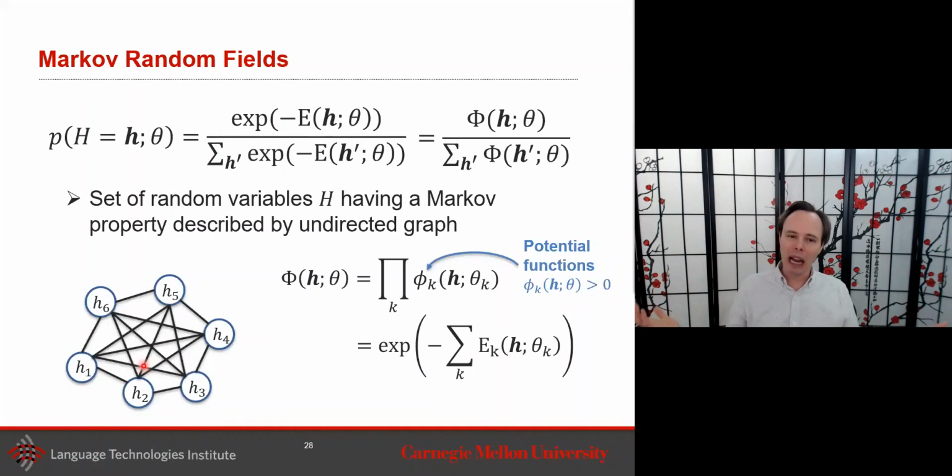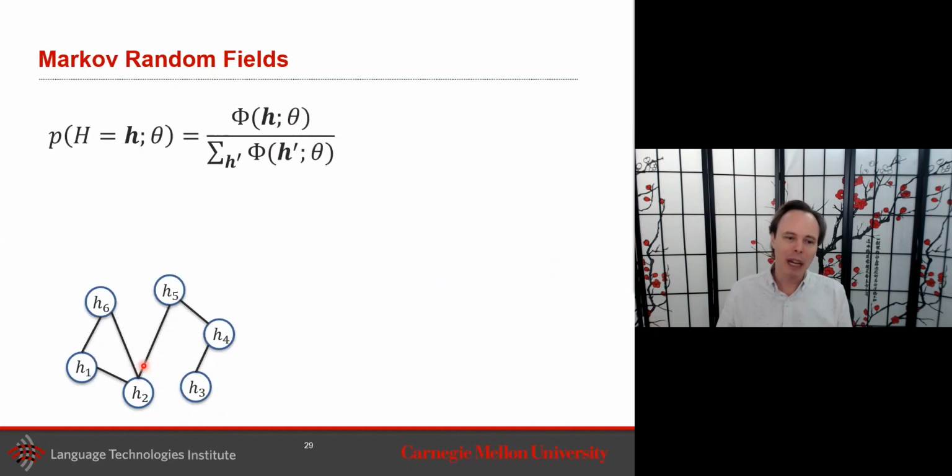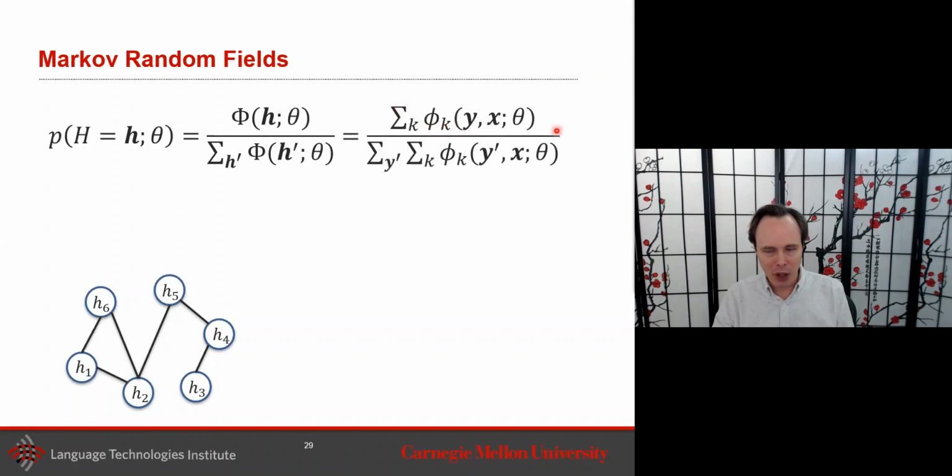If you have no knowledge, let's connect everything and just hope that I have enough data and I can optimize things. But if I have knowledge, then I can say, hey, there is in fact some information. I hypothesize that these latent states will be connected together. In that case, I will only define my potential over these links. Instead of connecting everything with everything, I will only connect these.